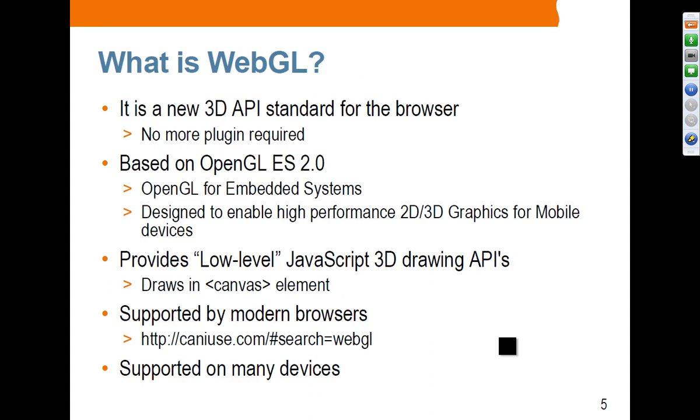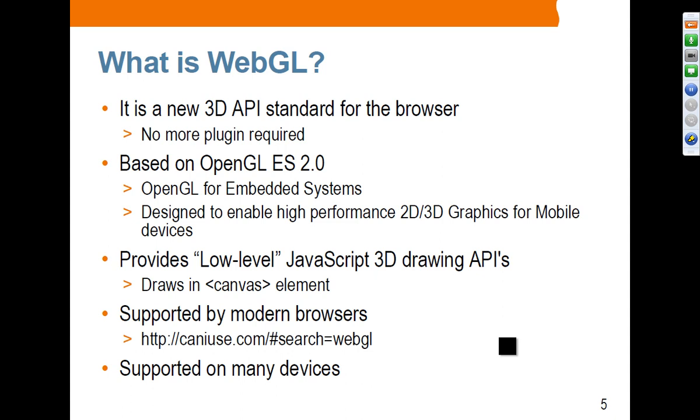So what is WebGL? It's a new 3D API standard for the browser. You don't need any more plugins to have 3D rendered in your browser. It is based on what is called OpenGL ES 2.0, which stands for OpenGL for Embedded Systems.